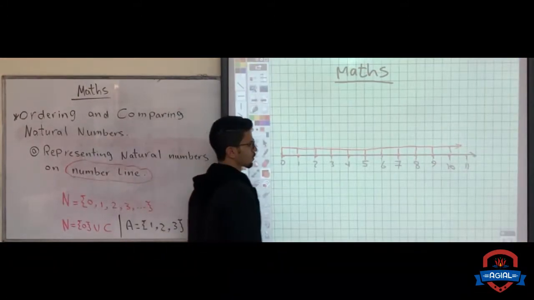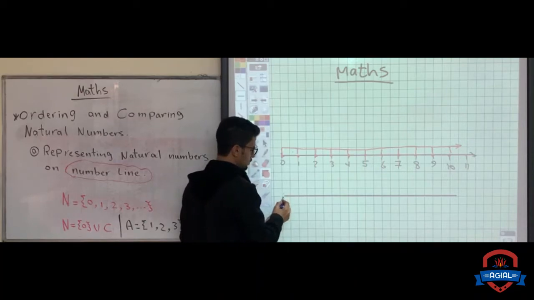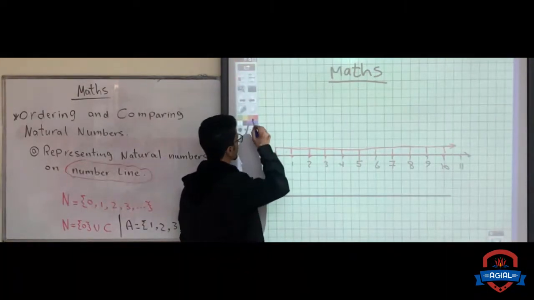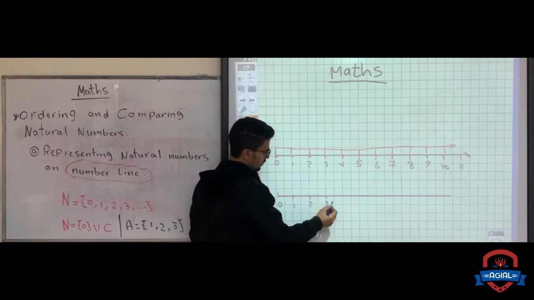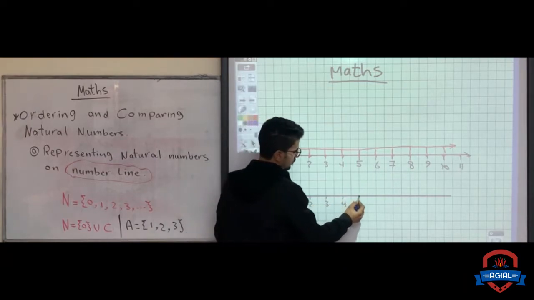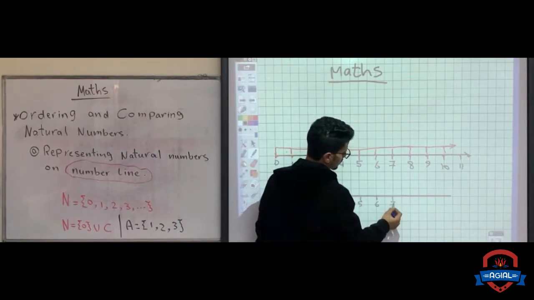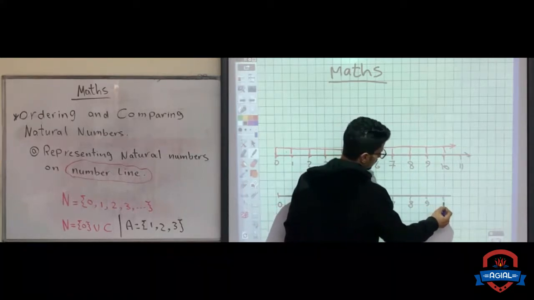We draw a line segment, and we start with 0 because we have the set of natural numbers. So we write 0, and then 1, 2, 3, 4, 5, 6, 7, 8, 9 and 10.